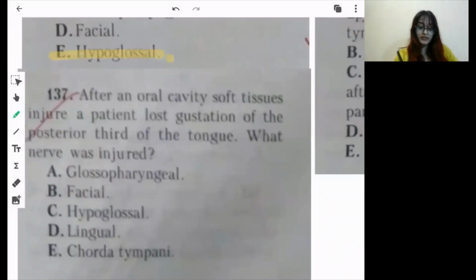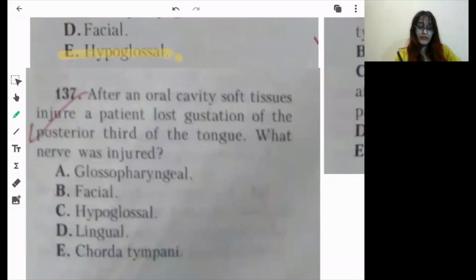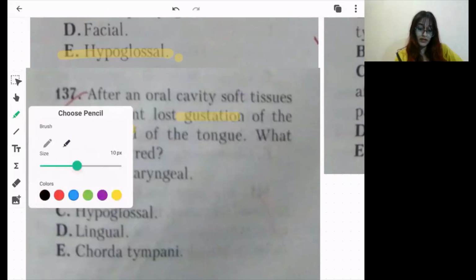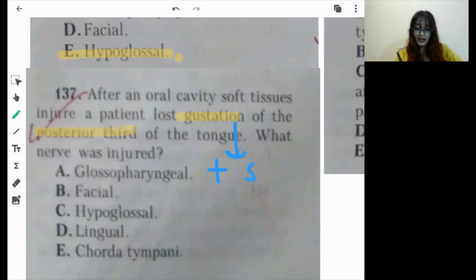So next, question number 137. After an oral cavity soft tissue is injured, a patient lost gustation, it means taste, in the posterior third of the tongue. So the gustation means taste, and in the posterior one-third means the glossopharyngeal nerve.